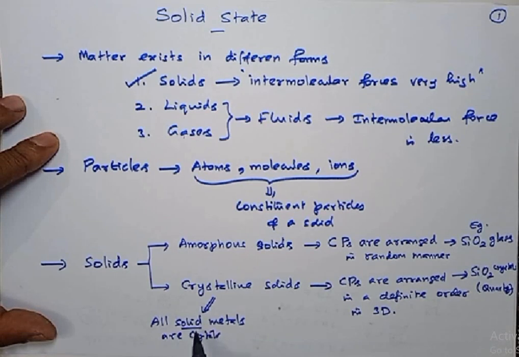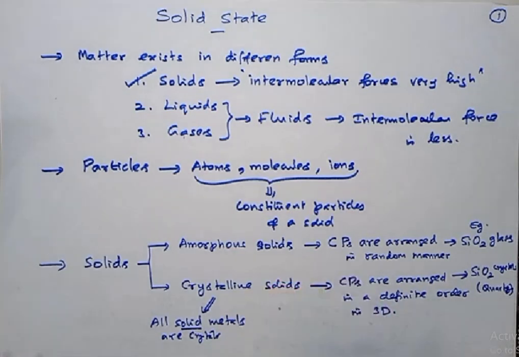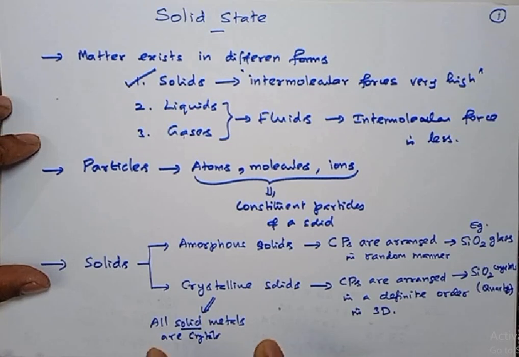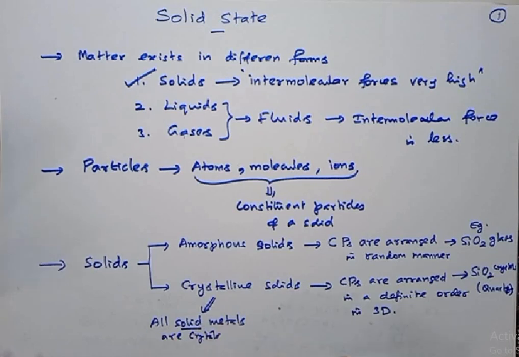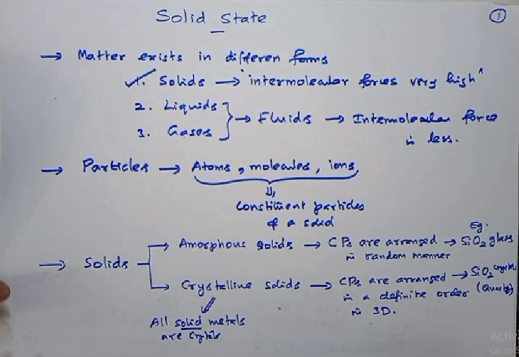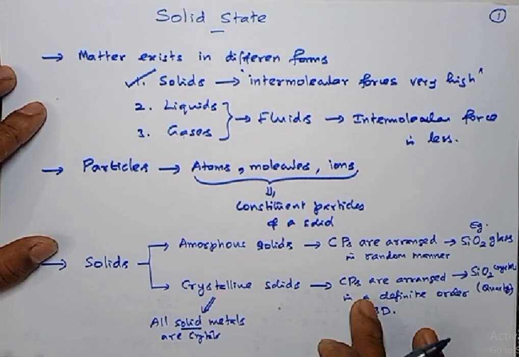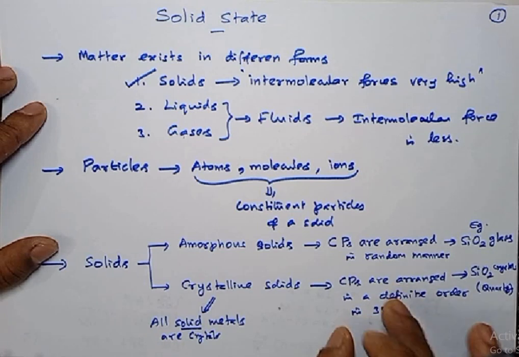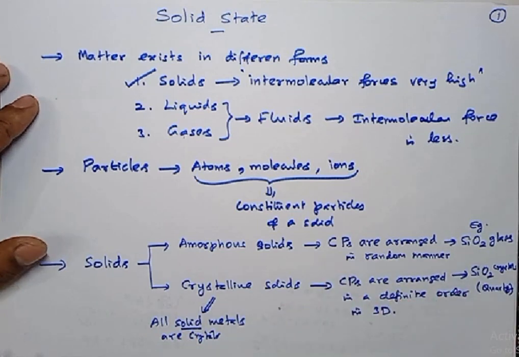I am using the word solid because you know very well some metals exist in the liquid state also. So all solid metals are crystals. Copper, silver, gold, zinc, cadmium, whatever metal you take, they belong to some crystals. We are going to discuss crystal structure, but right now I am just introducing what a crystal is. In crystal, constituent particles are arranged in a definite order in 3 dimension.